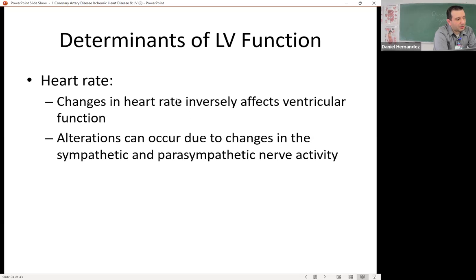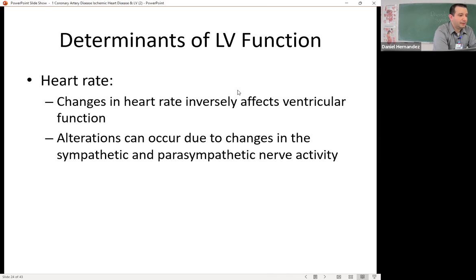The higher our patient's heart rate is, the more tachycardic they are, the shorter the period of ventricular filling. That shorter period of ventricular filling leads to lower cardiac output. It also leads to reduced force of contraction, so we have less stretch and less forceful contractions as well.